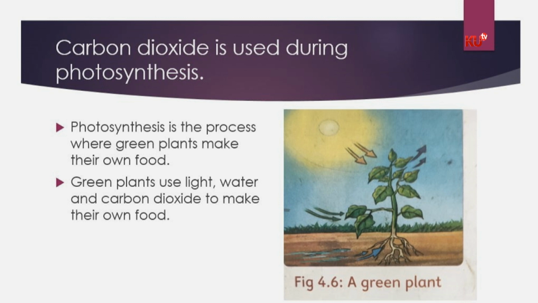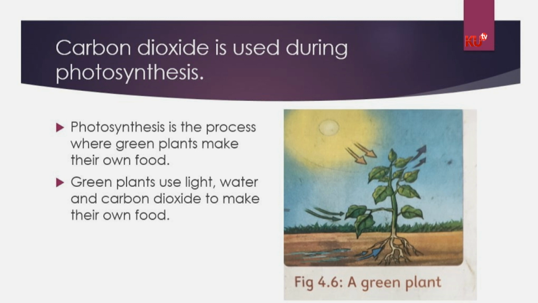And this chlorophyll in their leaves is put together with water in the presence of sunlight and carbon dioxide. The leaf is able to scientifically manufacture its food. As we can see on our screen in that diagram, we have an example of green plants, and you can see sunlight from the sun.